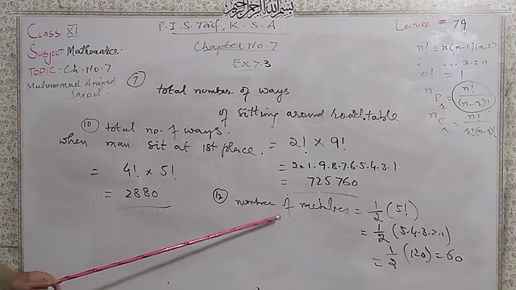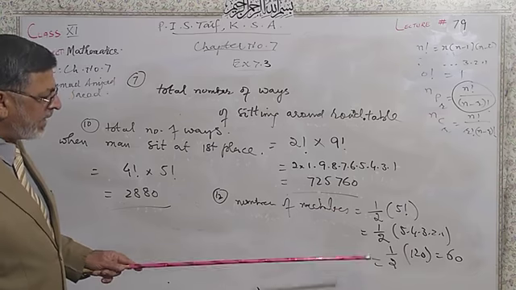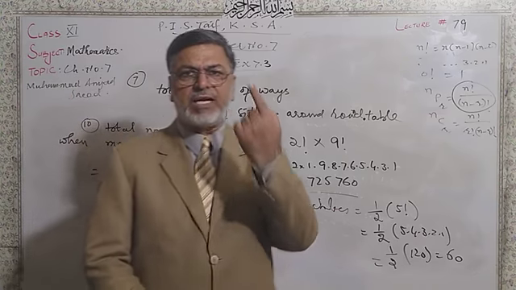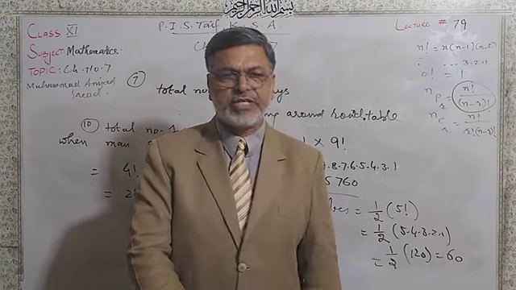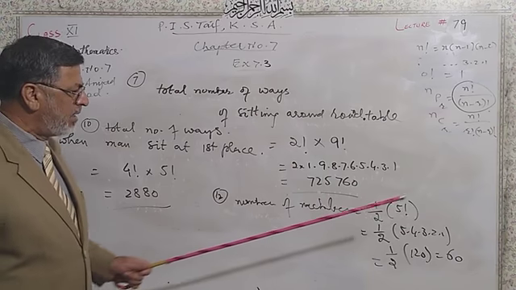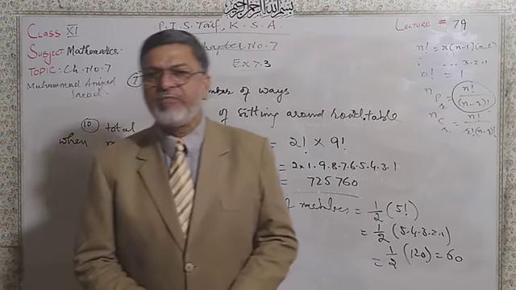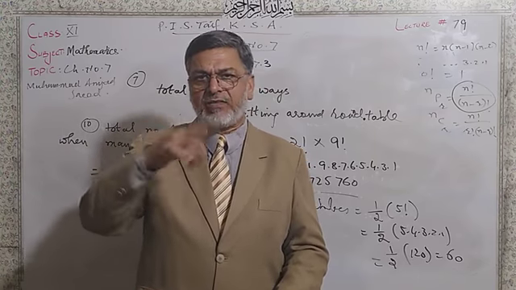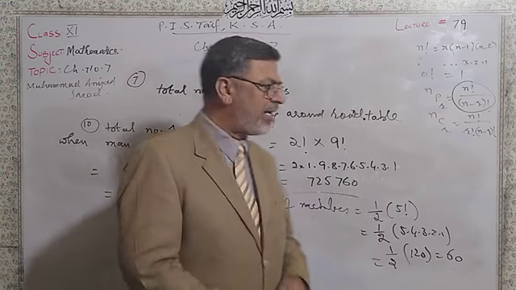After that, number of necklaces out of 6 beads. Whenever we have 6 beads, one bead will be considered as fixed position. So remaining 5 will have 5 factorial, but 1 over 2 mean there is the possibility, 50% possibility is clockwise and 50% possibility is anti-clockwise.